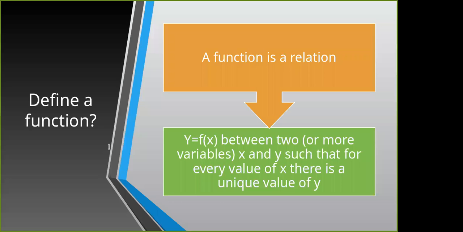If there is more rainfall, there will be more output up to a certain extent. And if there is no rainfall, then the output will be very less or maybe even zero. Is the idea of function clear? Yes, sir. Okay.